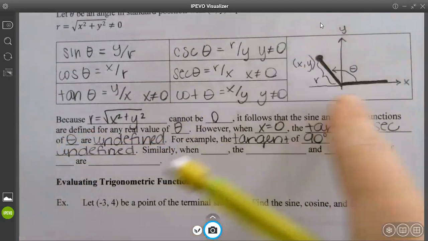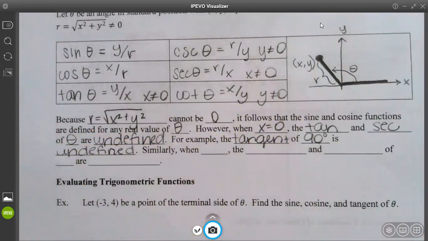Where would it be on this graph? Anywhere on the y-axis, right? It could be anything on the y-axis. If we're talking about the unit circle, you are correct that it would be (0, 1), right? But it could be anything now. So we're changing that radius. It could be 2, it could be 8, it could be whatever. But if it's on the y-axis at 90 degrees, what is your x-coordinate going to be? 0. So it doesn't matter. That's why it's undefined, because it's always going to be on there.